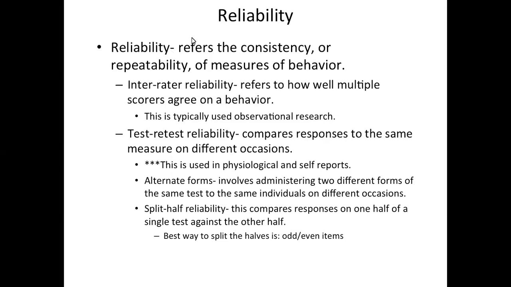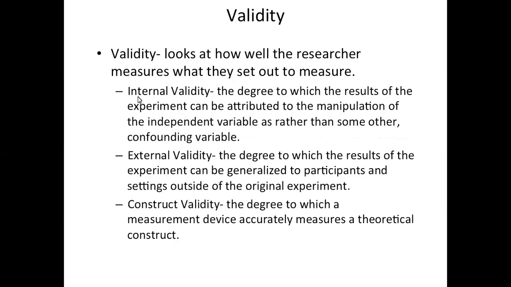So this isn't every aspect of reliability. There's a lot more to go into this, but I'm giving you a sense of what reliability is. Very broadly, reliability looks at consistency across scores. Now, validity is about accuracy.